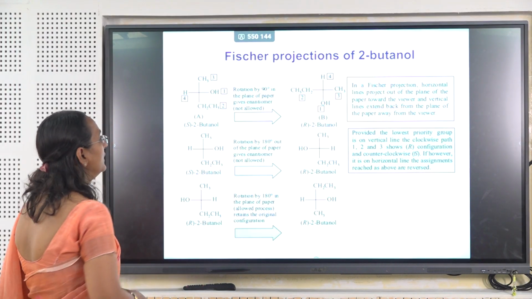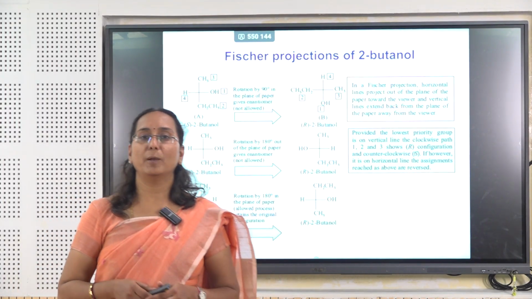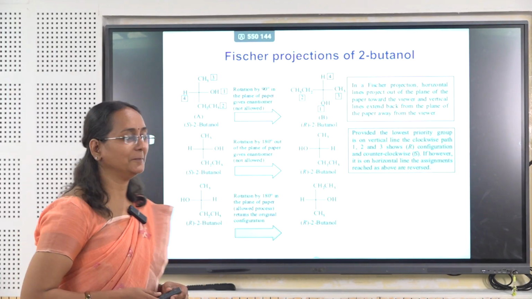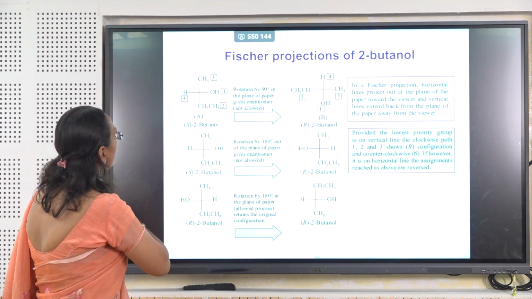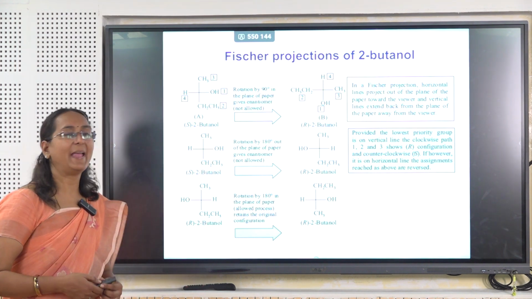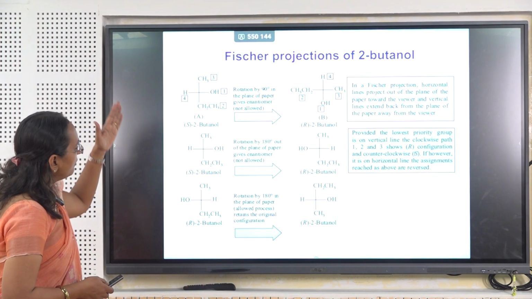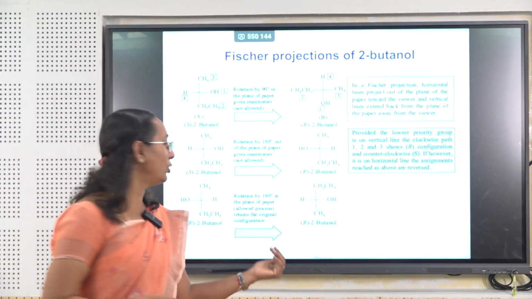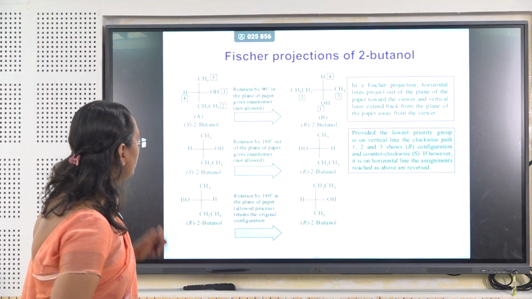Now the next thing, one of the most important things, is an example of 2-butanol, and we are talking about the Fischer projections of 2-butanol. In this example you can see that in the first case we have S-2-butanol, and we have done rotations: a 90-degree rotation, a 180-degree rotation, and again a 180-degree rotation in the plane of the paper.